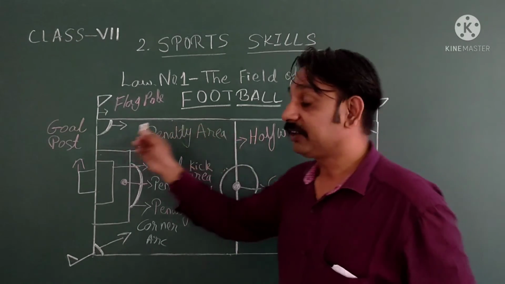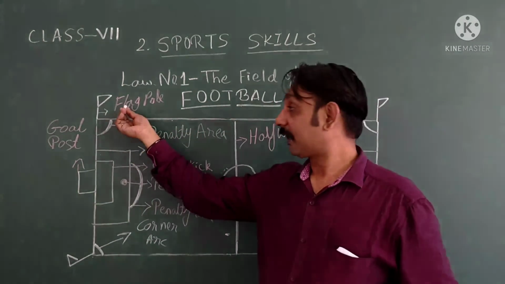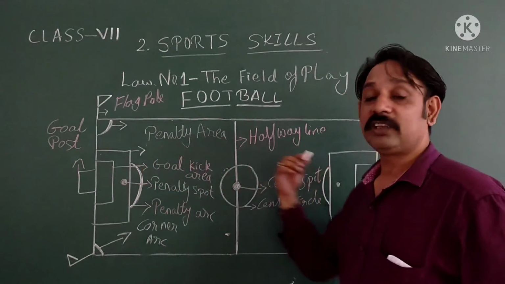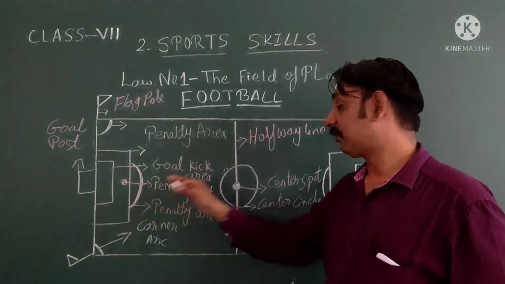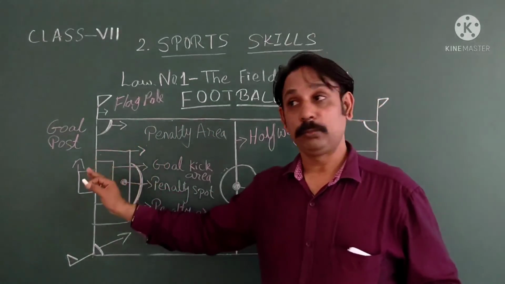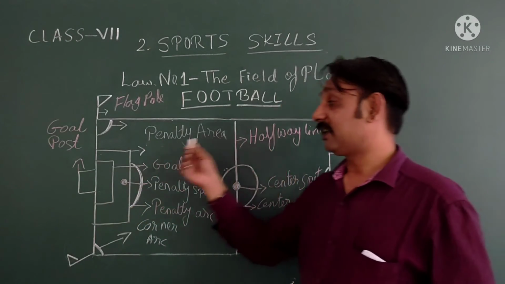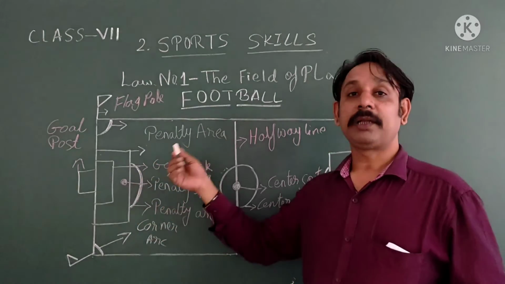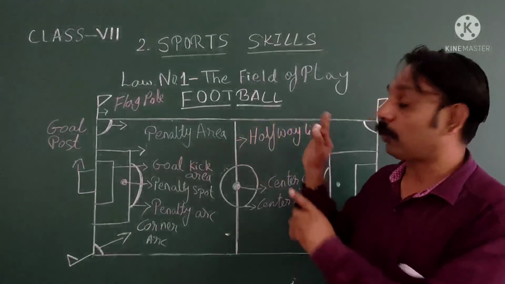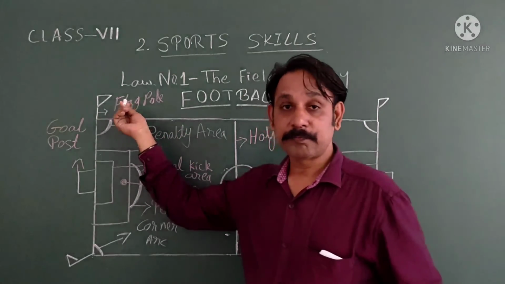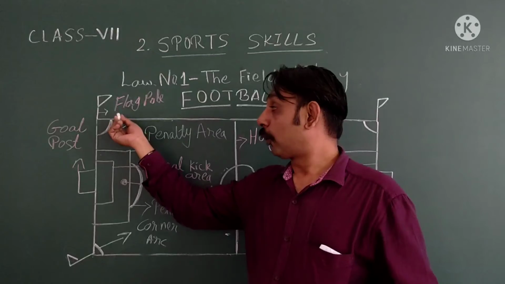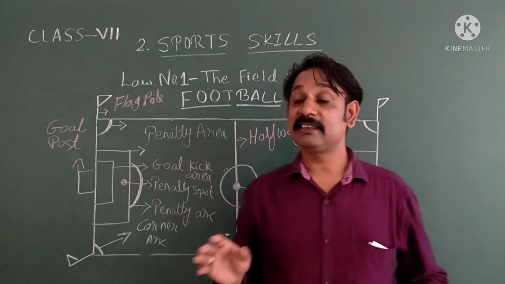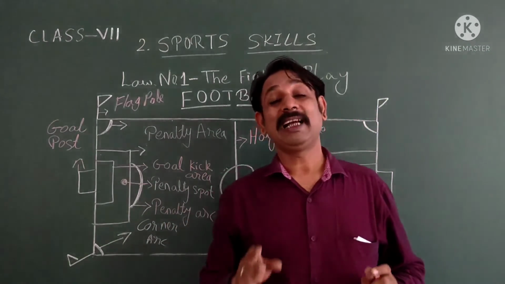As you can see, there is a goal post at both ends, in this half and this half also. On both sides there is a goal kick area, penalty area, penalty spot, penalty arc, and at all four corners we have flag poles and corner arcs. These are the parts of the football ground.